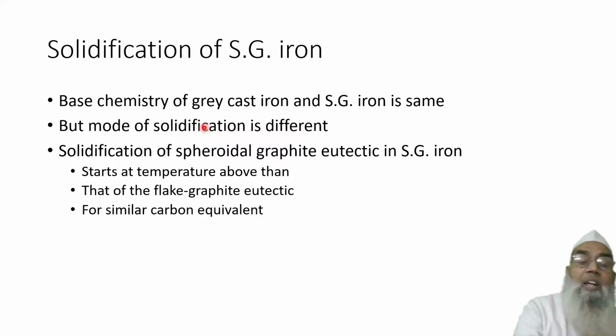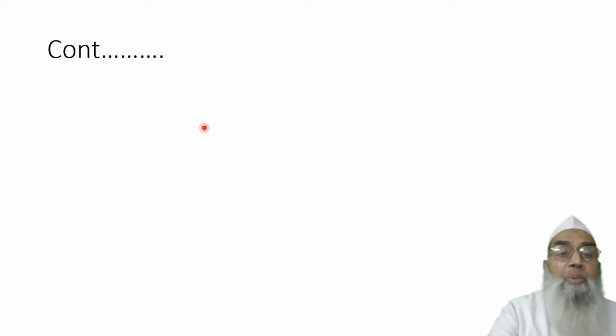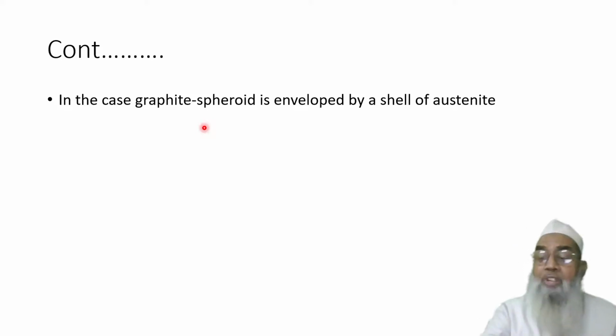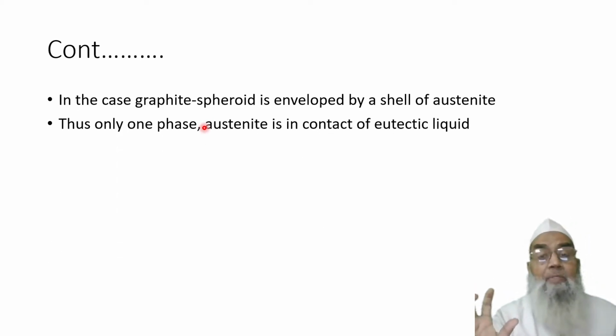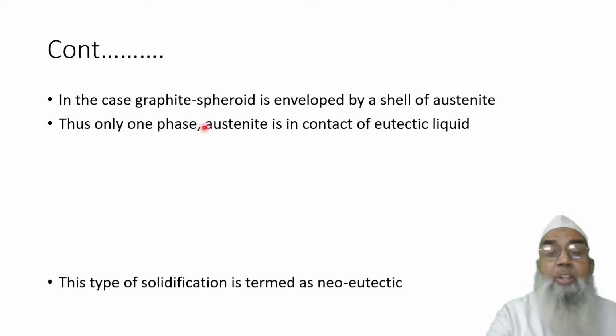The graphite spheroid is enveloped by a shell of austenite, so only one phase, austenite, not the flakes, is in contact with the eutectic liquid.